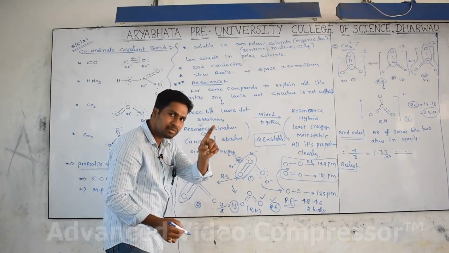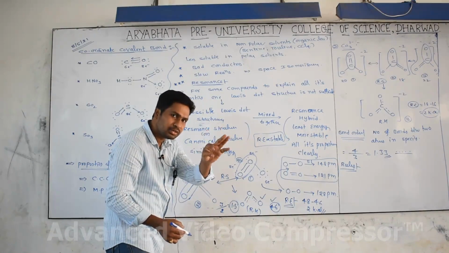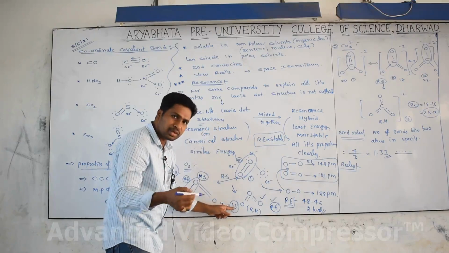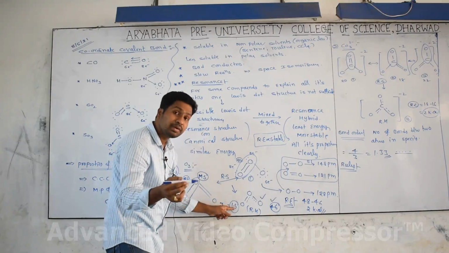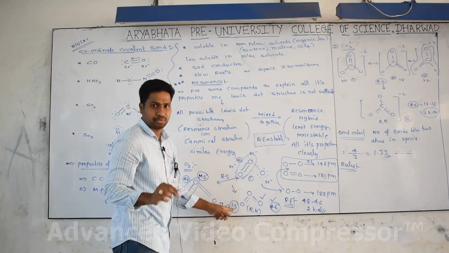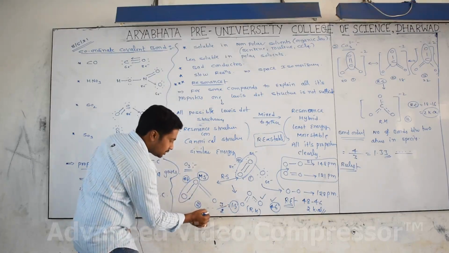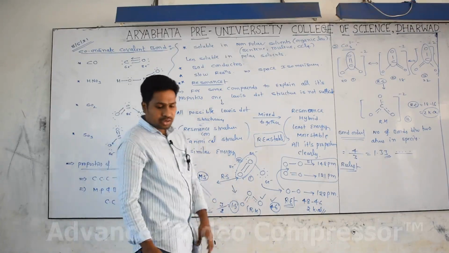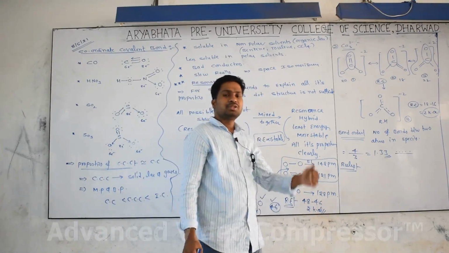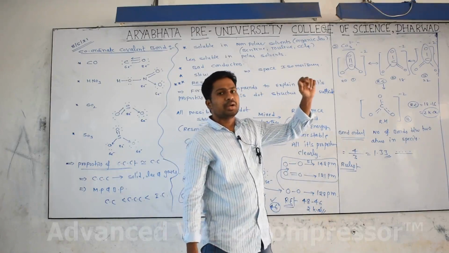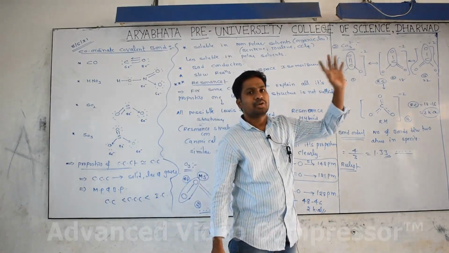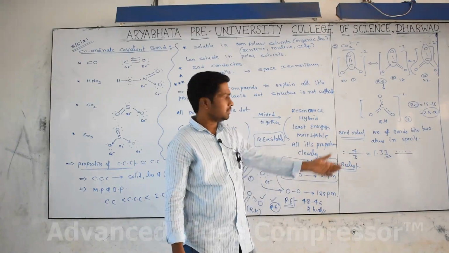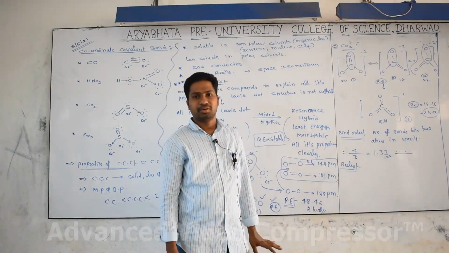Bond order 1 means single bond, bond order 2 means double bond, bond order 3 means triple bond. That's the maximum. Now you are getting 1.5: more than 1, a single bond is there, and the remaining 0.5 refers to a weak pi bond. That's why we show it as a single line and dotted lines. So the bond order in resonance structures is the total bonds between the two particles in all resonance structures divided by the number of resonance structures we write, and here we get 1.33.